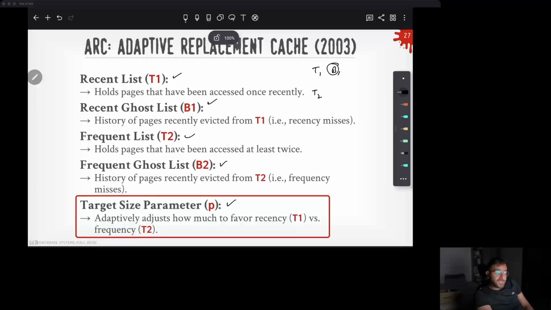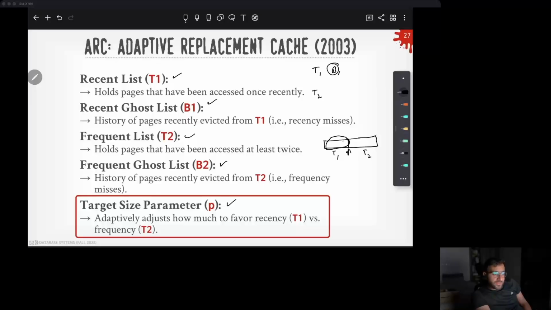Then you have a size parameter P, which adjusts how many. So assume that this is some portion of RAM, and we have divided this portion into T1 and T2. There is a parameter P which decides which particular list should hold more pages or should be allocated more memory.